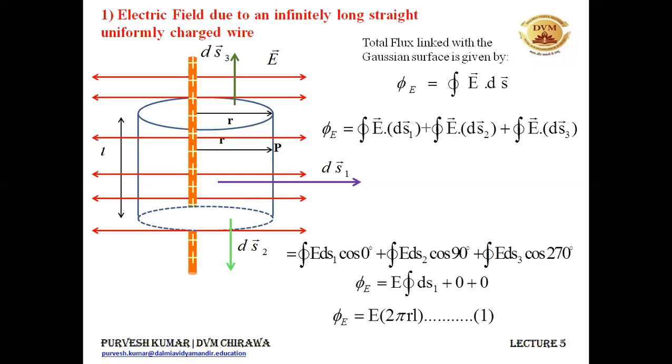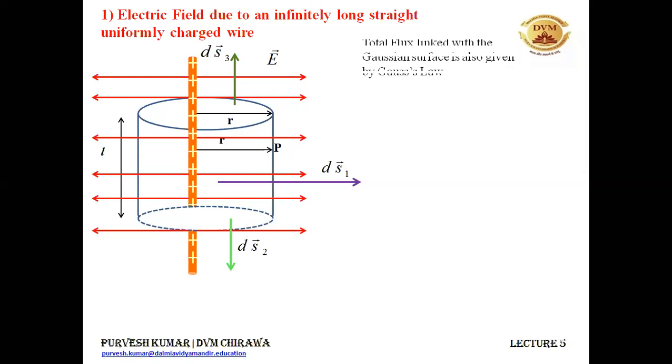All right. So the integration of this ds1 is the total curved surface area, that is equal to 2 pi rl, and this is our equation number 1. Please mark it as 1. So the total flux linked through the Gaussian surface is equal to electric field E multiplied by 2 pi rl. So this is the flux linked with the Gaussian surface.